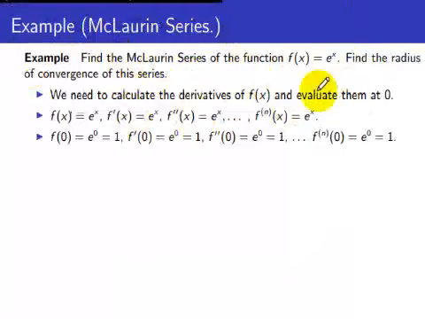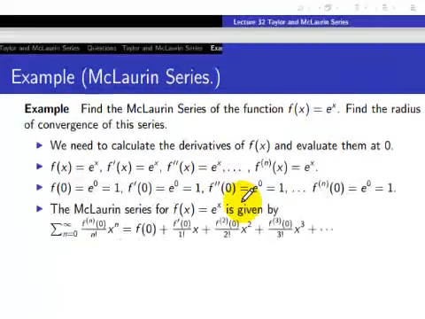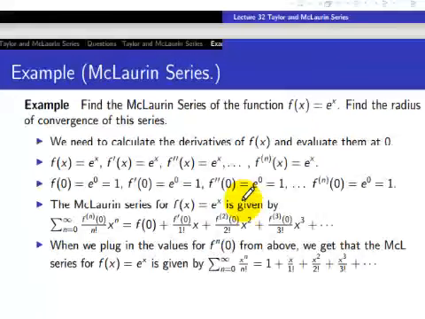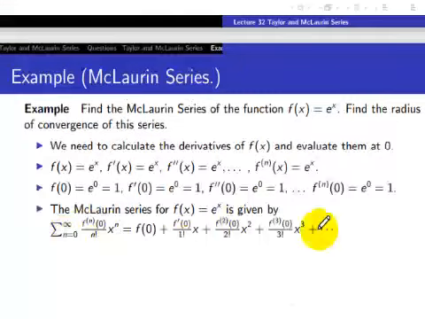So let's find the Maclaurin series for this function. This one is infinitely differentiable at 0, so you can find the Maclaurin or, say, Taylor series. Finally you get the Maclaurin expansion.